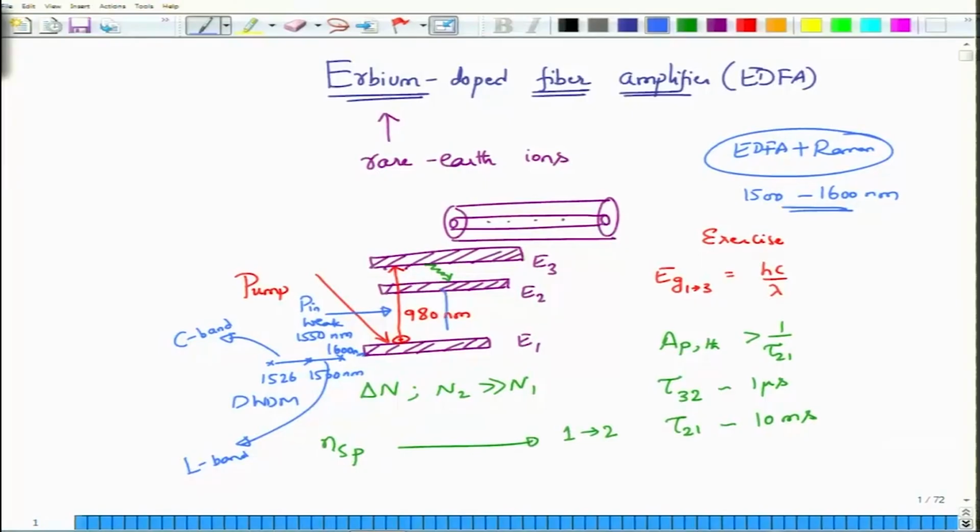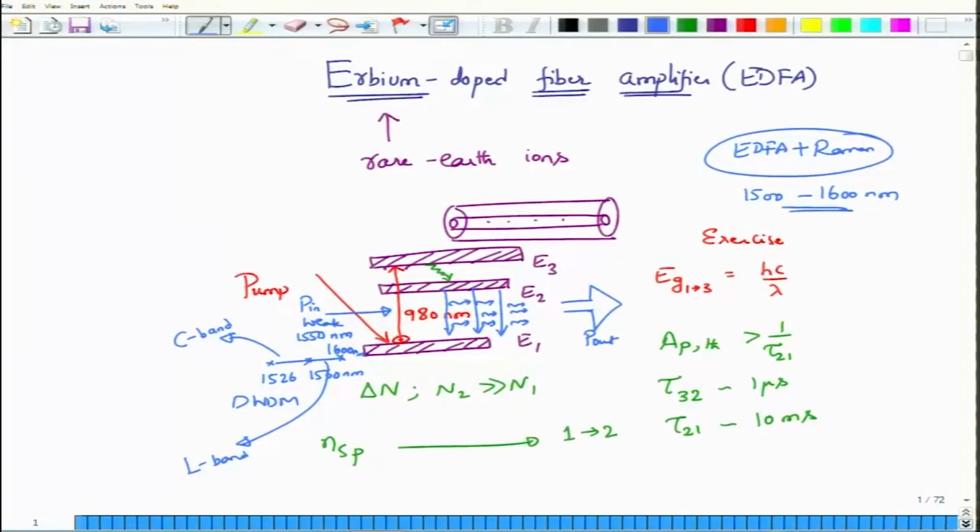They will induce the stimulated emission, because E2 is kind of the reservoir holding many of the atoms at that level, whereas when the atoms drop down from E2 to E1, they will release a lot of photons, eventually amplifying the input that you have sent out. So, the output power will definitely be larger than the input power. This is essentially the basic idea of the erbium doped fiber amplifier.